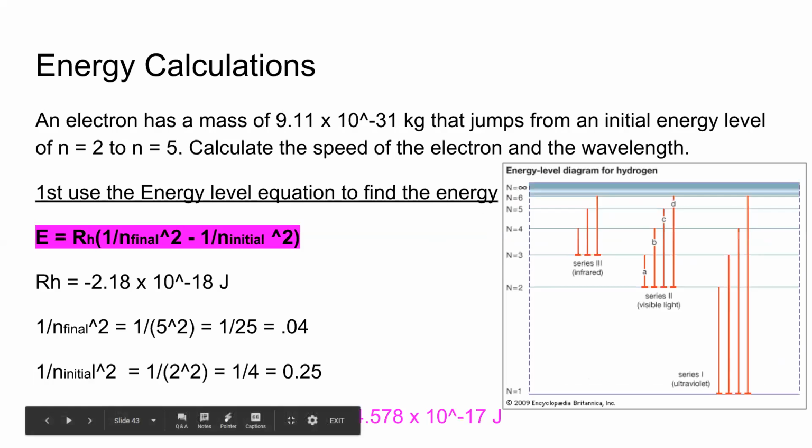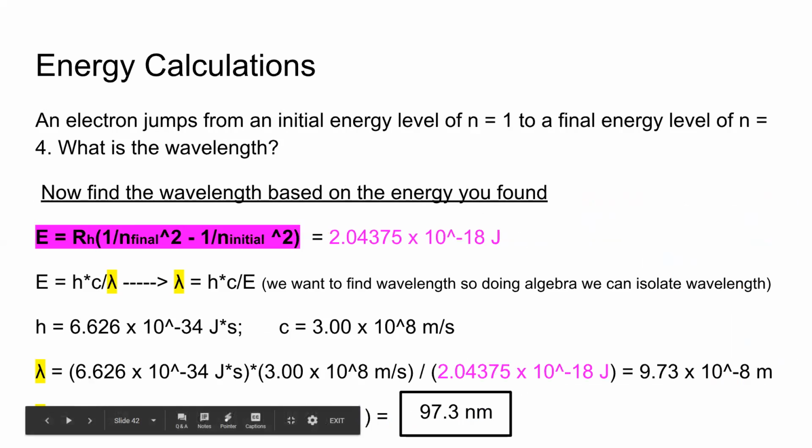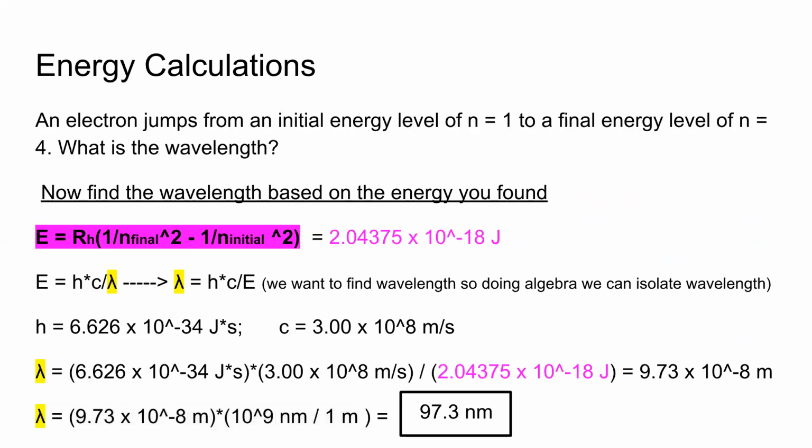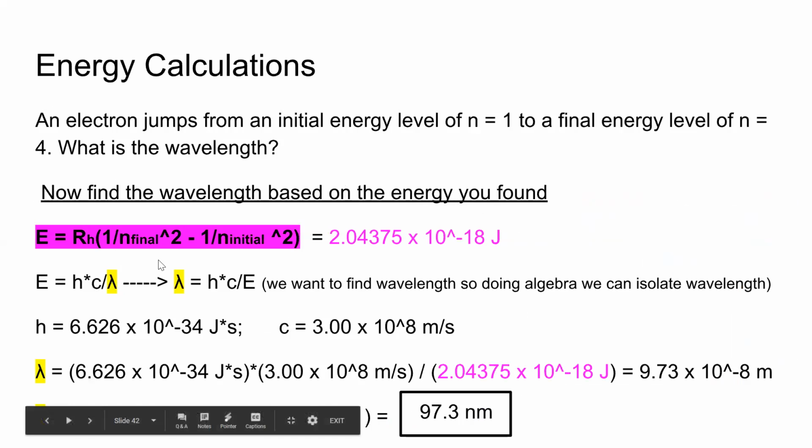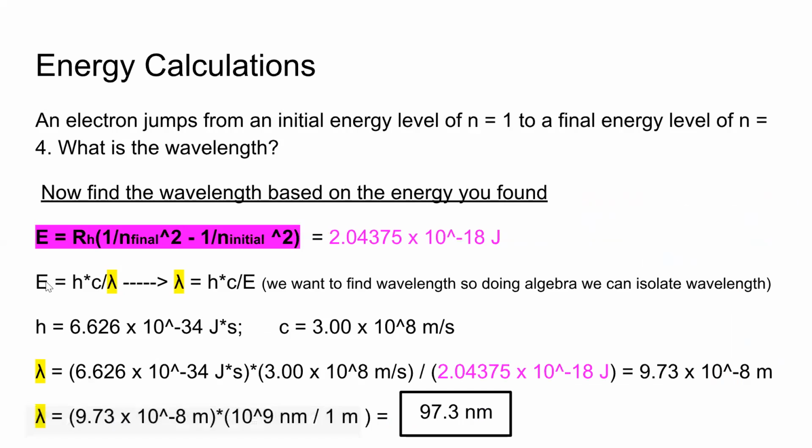Now that we have the energy, we can calculate the wavelength based on the energy we found. These two energies, the one in the purple and the one over here with the lambda, are the same. So we can manipulate this energy equation to isolate lambda, which is what we want.